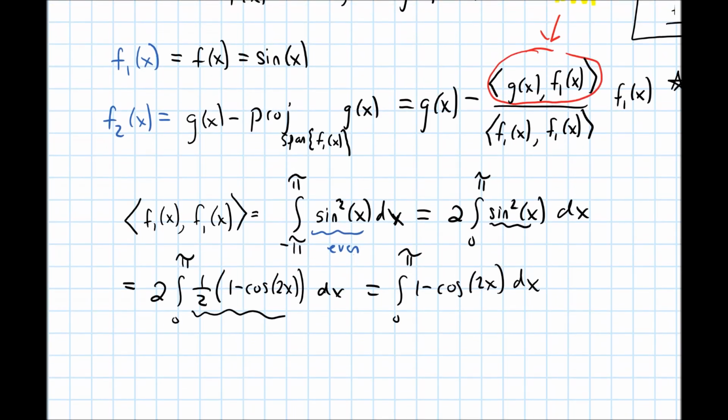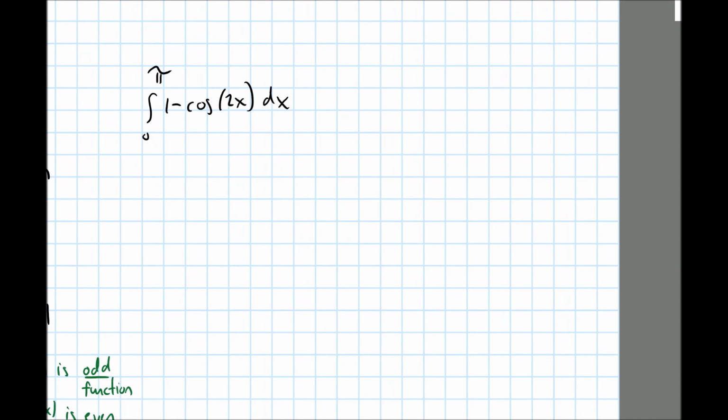So let's integrate this next. Taking this antiderivative, the antiderivative of 1 is x. The antiderivative of minus cosine 2x is going to be minus sine of 2x divided by 2. I could either do that by inspection, or we could do a u-sub to figure that out. Alright, and now we need to evaluate this at 0 and pi.